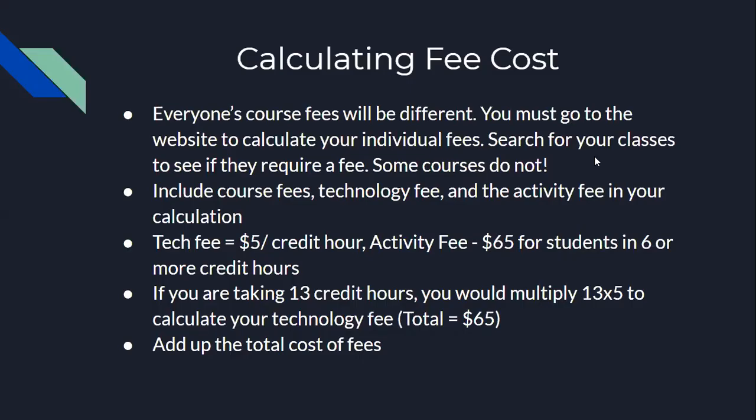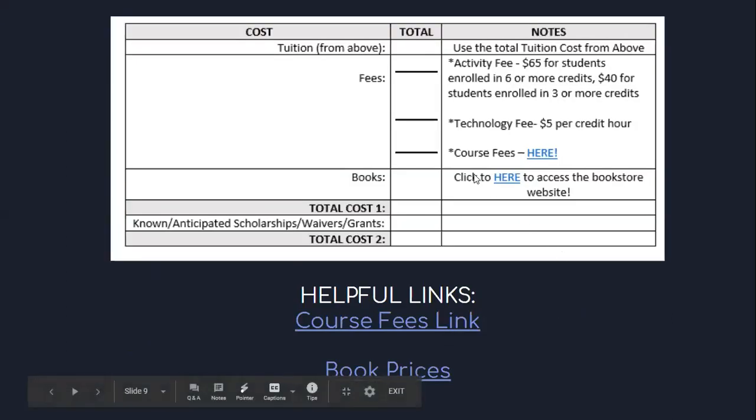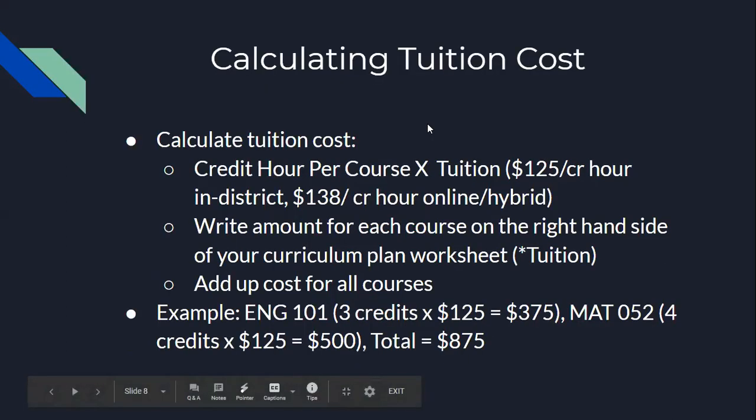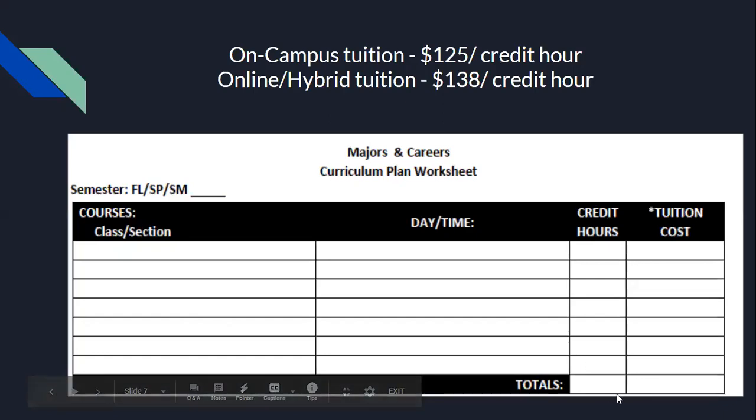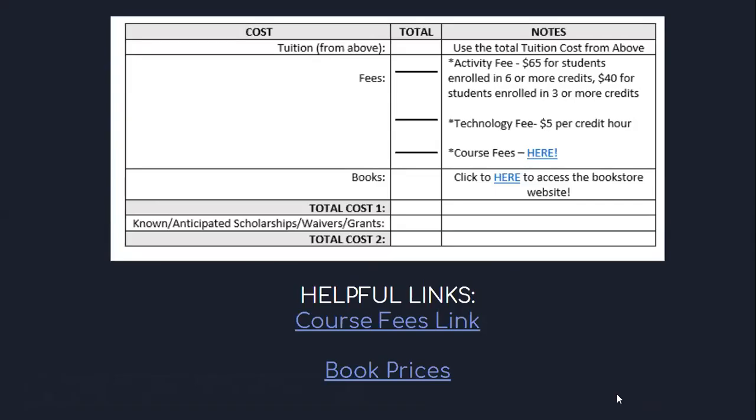And we'll go to the next slide here when it talks about the tech fee, the third bullet here, $5 a credit hour. And it says that if you're taking 13 hours, you would multiply 13 by 5 to calculate your technology fee. So take the total credits that you have on your table 1, multiply it by 5 to get your tech fee. Your course fees will be different for everybody.